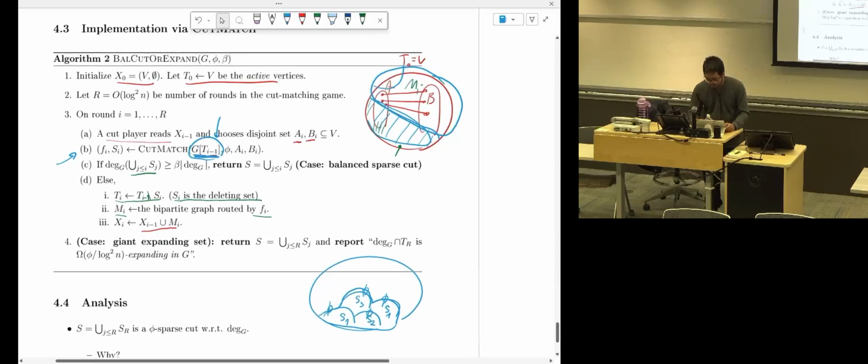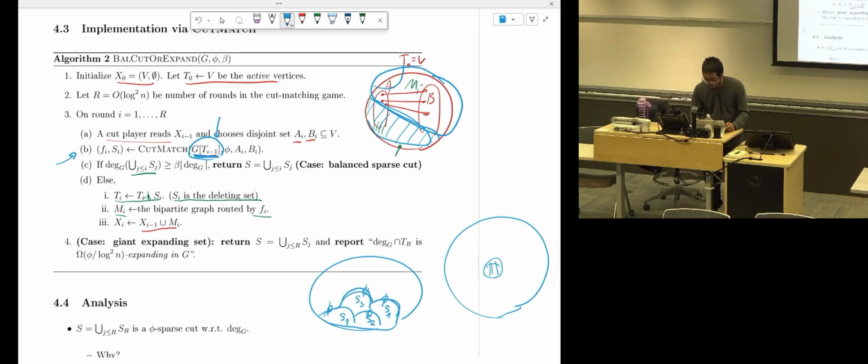Why? Because, for example, if they overlap, maybe think like there is some really dense core, some part of the graph here. Maybe this is something super dense, and something super dense here. And maybe S1 is like this, and S2 is like this.